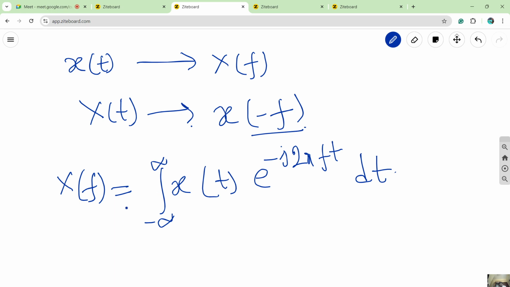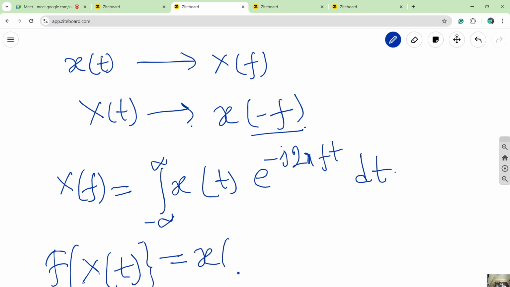Now, with the conditions given here, it says that if I take the Fourier transformation of x of t, then it can become x of minus f. This is the condition.